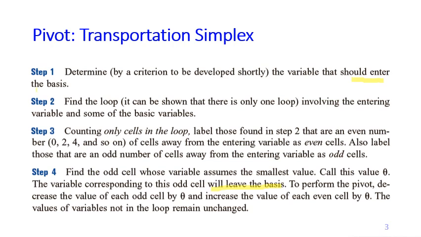And then in between, we need to make sure that whatever procedure we use such that somebody can enter the basis and somebody else leaves the basis, the BFS is still a BFS. In the case of transportation problem, remember that the BFS must have m plus n minus 1 basic variables and they must not form a loop. So those are the keys for the pivoting in transportation simplex.